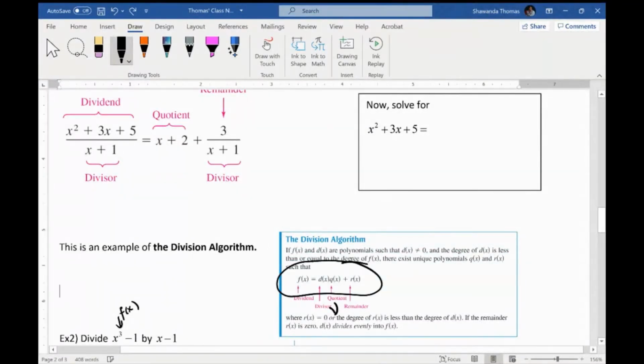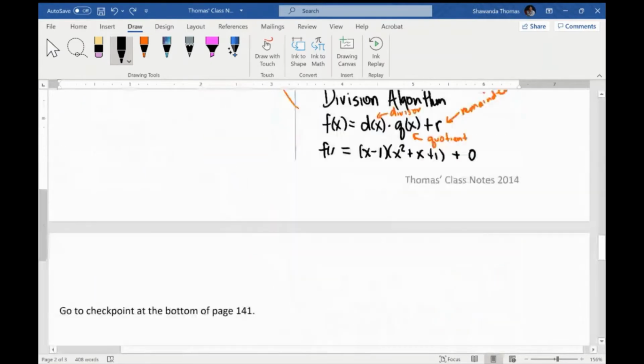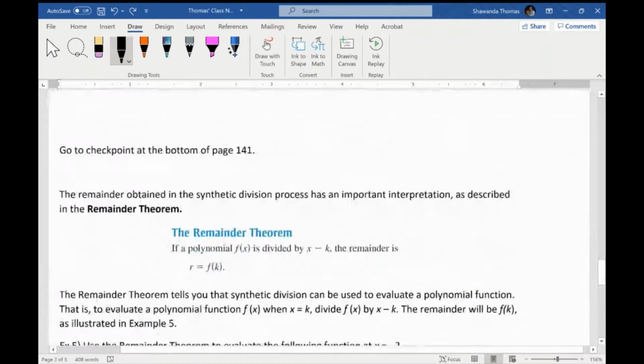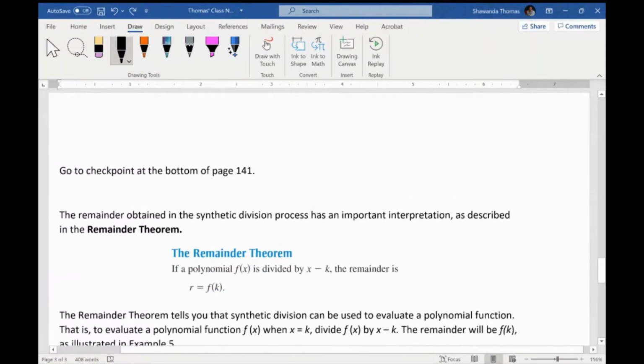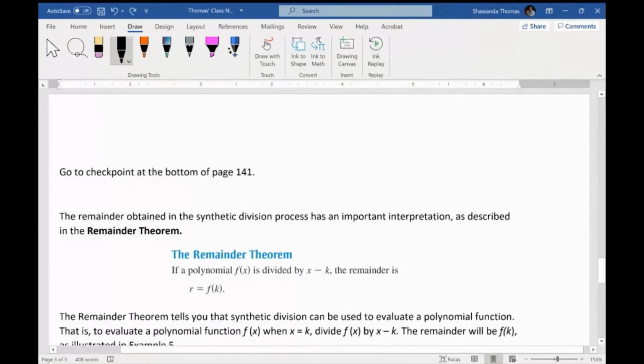Any questions about that? We're going to continue to practice. This says go to checkpoint. I'm going to write out what the checkpoint said. We're not going to go to the book. Let's do this one first.